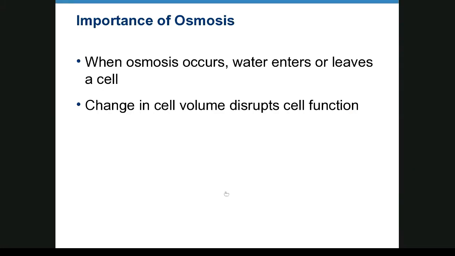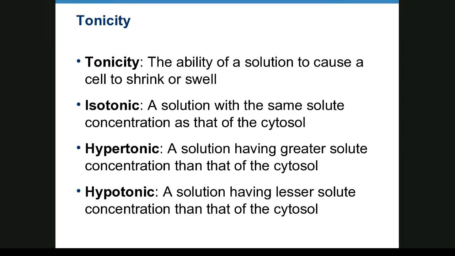Osmosis enters or leaves the cell, and if you change the volume of the cell, you disrupt the cellular function. Now, several terms we have here. Tonicity, the ability of a solution to cause a cell to shrink or swell. If a solution is isotonic, it has the same solute concentration as that of the cytosol, so water neither goes in or out.